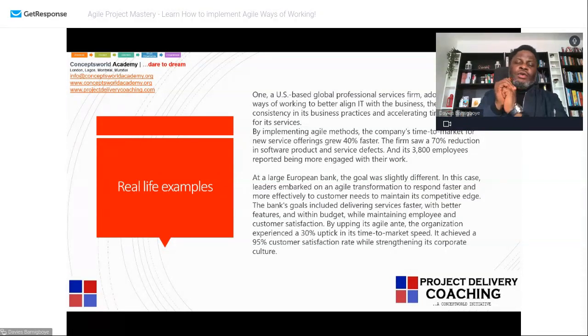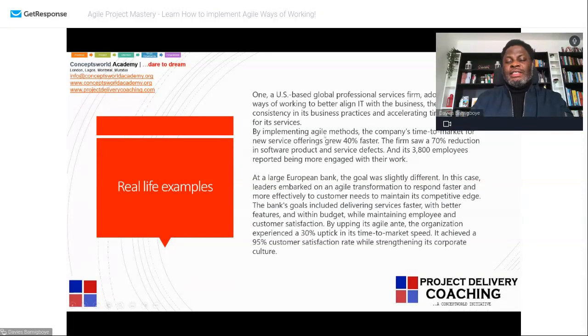So, a real life example. A US-based global professional services firm adopted Agile ways of working to better align IT with the business, thereby ensuring consistency in its business practices and accelerating time to market for its services. Notice the key objective here is to accelerate time to market.